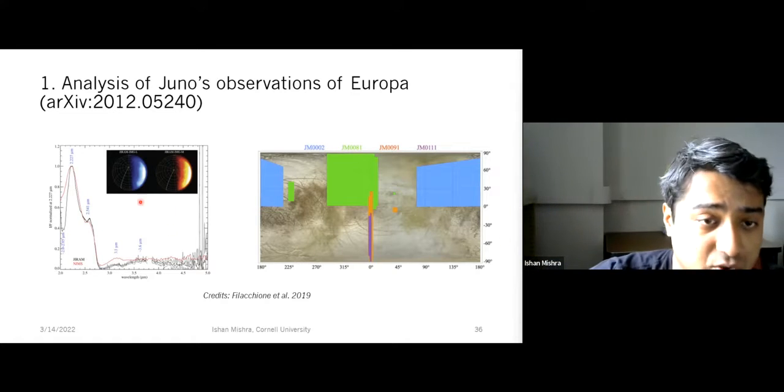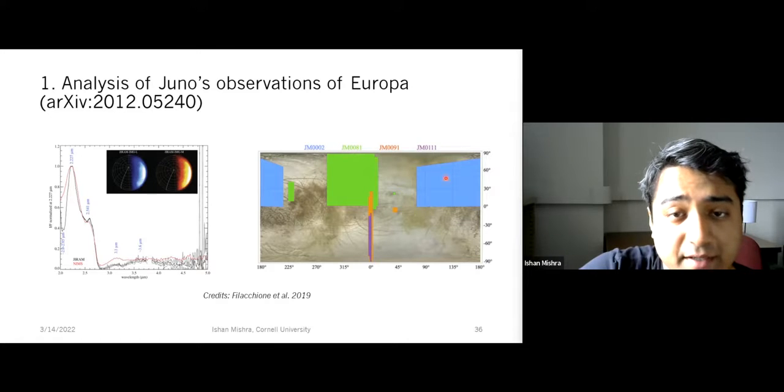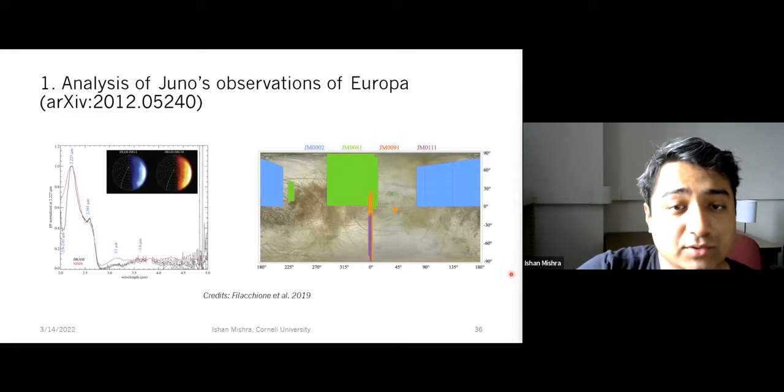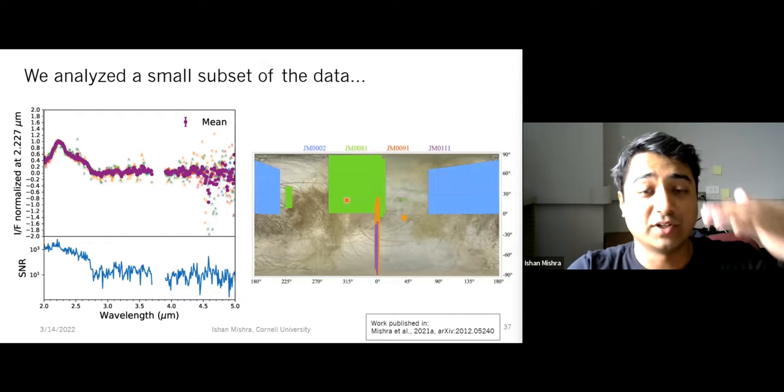And so one such observation was for Europa. And here the regions of observations are shown. And these, as you can see, cover big areas, but they also show the uncertainty.